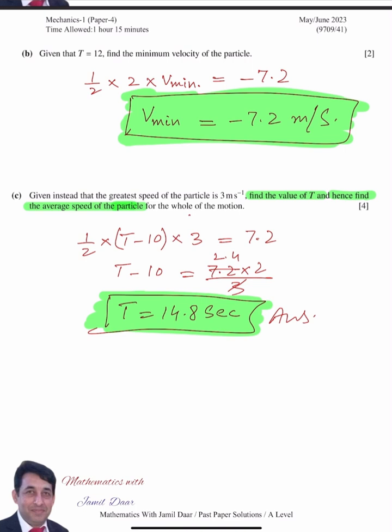So average speed is equal to total distance divided by total time.